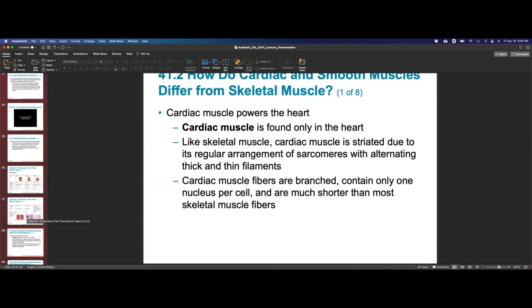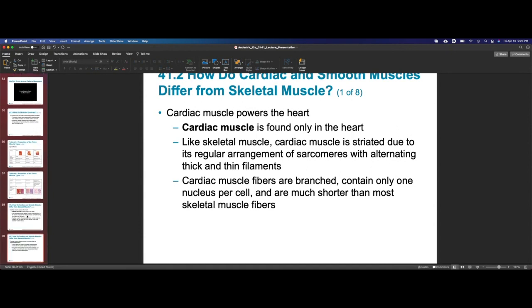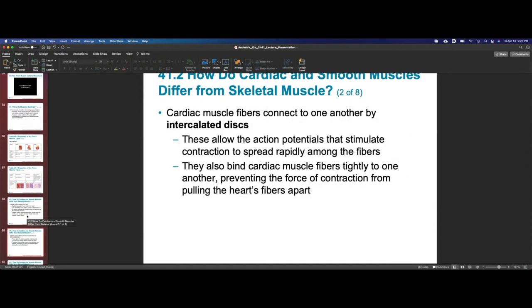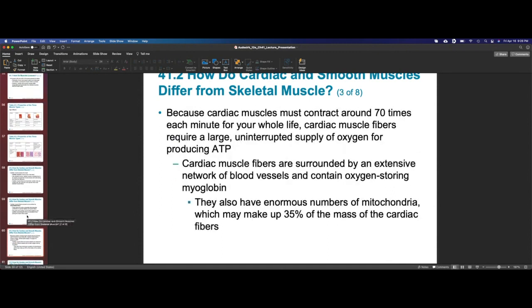But cardiac muscle fibers are branched, and they typically are much shorter than skeletal muscle fibers. Cardiac muscles also have intercalated discs, and this helps both propagate the action potential, or the signal, rapidly among all the fibers, and also helps keep them bound together so the force of contraction doesn't tear them apart.